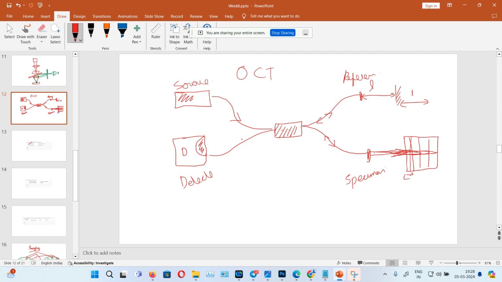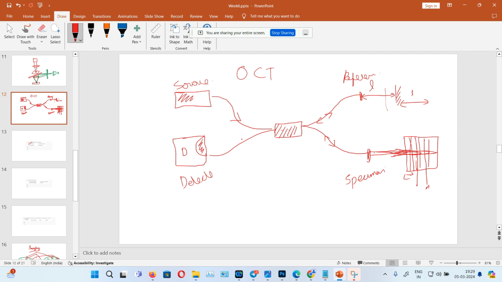So if you adjust the mirror here, you may be mapping the layer at this region, and if you move it some more, you may be mapping the layer at this position. So by moving the mirror at the reference arm, you can map the different planes in the tissue.